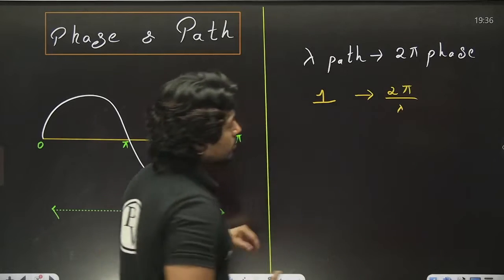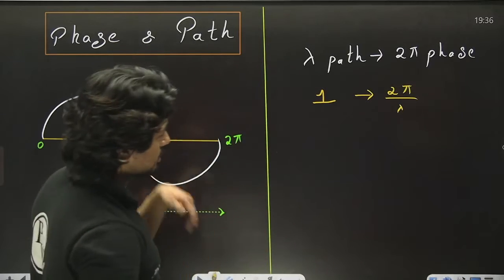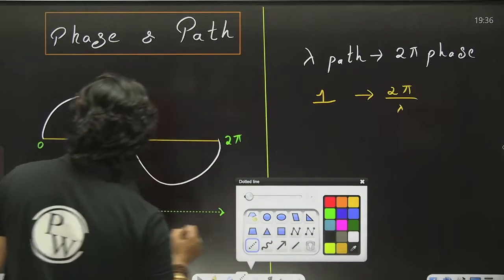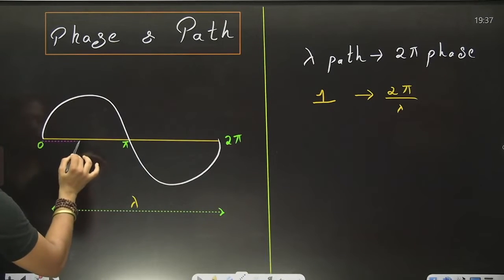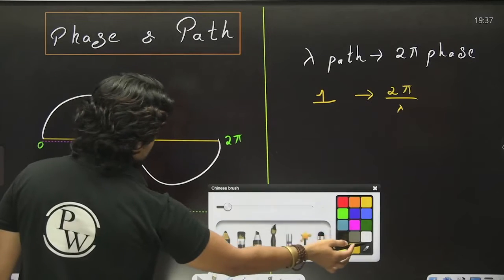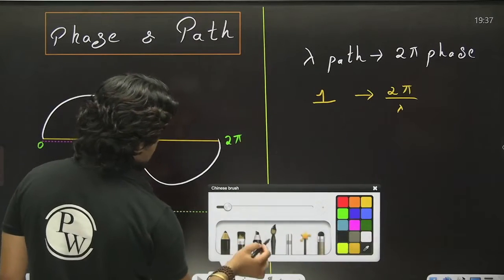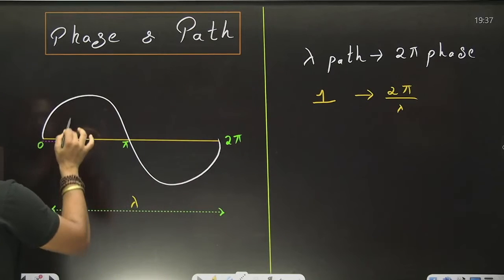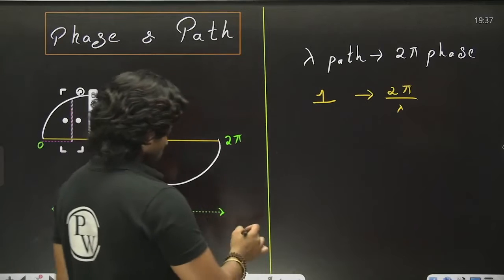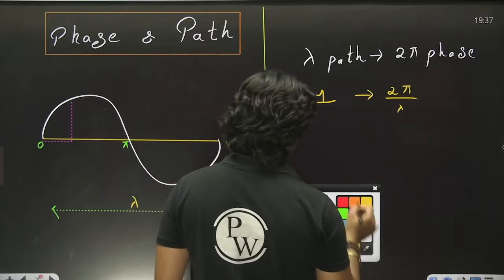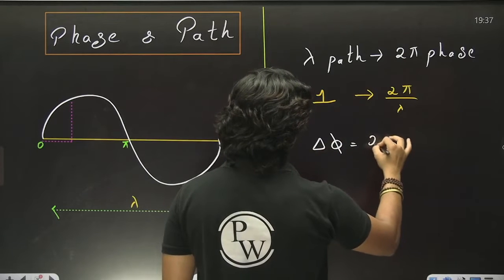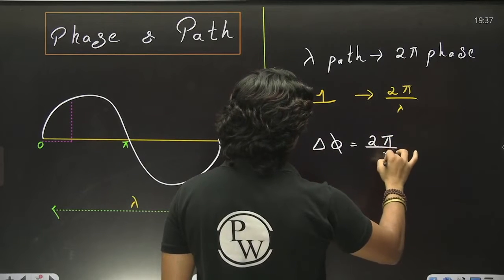Now, if I talk about 2 unit path difference, we multiply this factor by 2. For 3 unit path difference, we multiply this factor by 3. If we talk about delta x path difference, it corresponds to a phase difference of 2 pi by lambda into delta x.